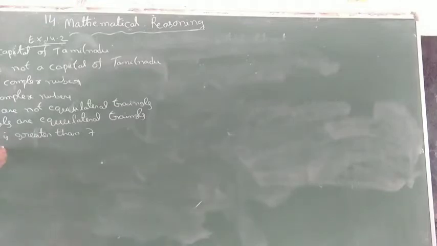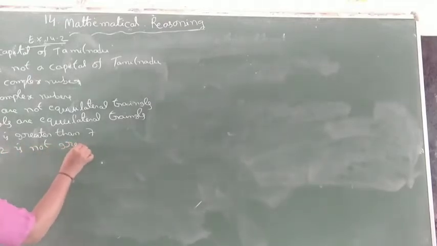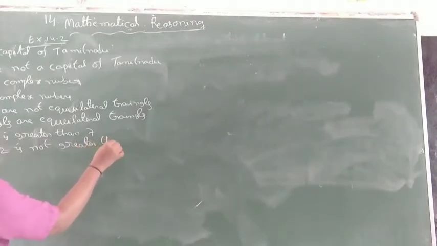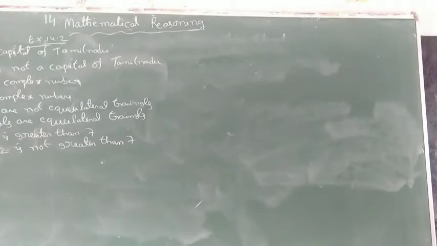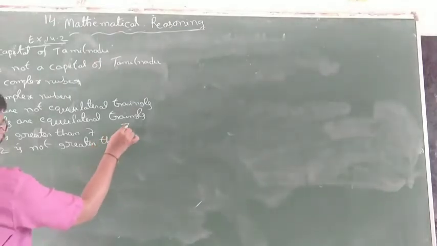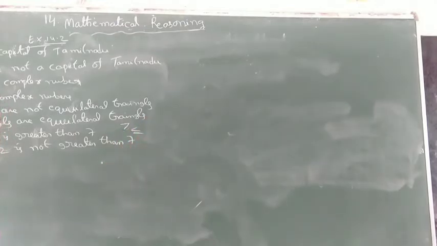The number 2 is not greater than 7. Not greater than means the opposite: less than or equal to. Another answer: the opposite of greater than is less than or equal to 7.